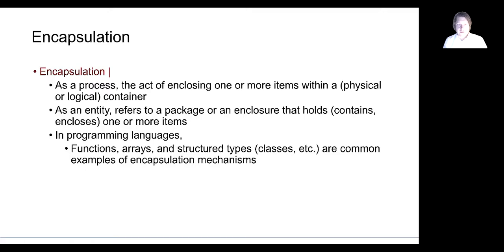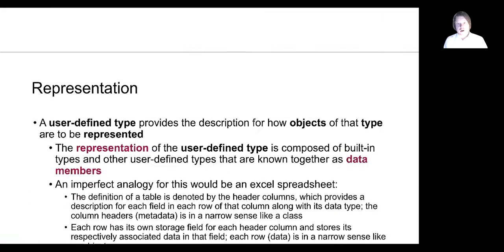Structured types allow us to group heterogeneous objects together under one roof. And these are going to be common examples of the encapsulation methods that we've seen so far. Soon, we'll be talking about classes, which will introduce an additional way to provide types within our programs, or user-defined types.